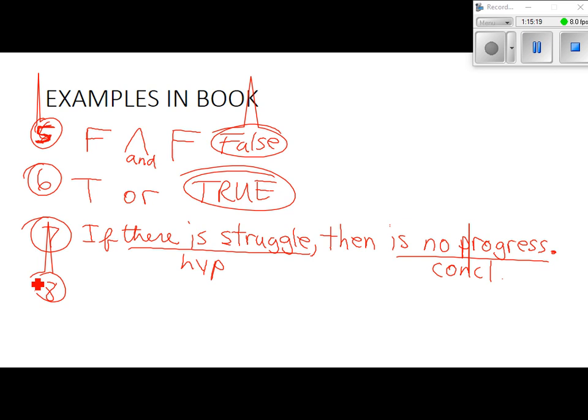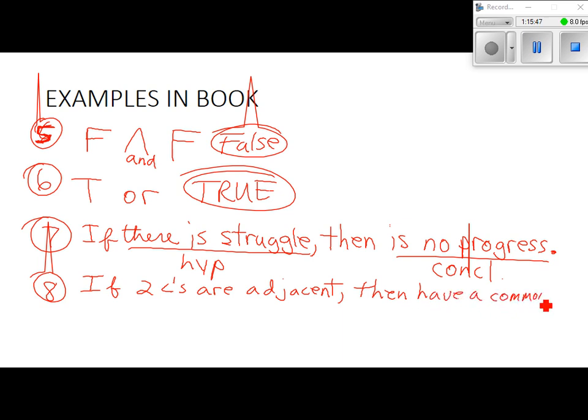Number 8. Two angles are adjacent. What's the second part say? Does it have a common side? What's the hypothesis?